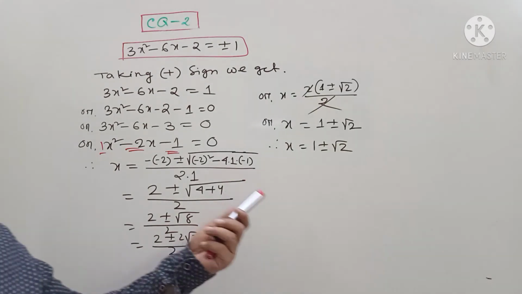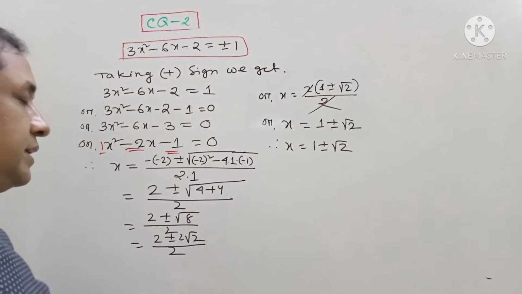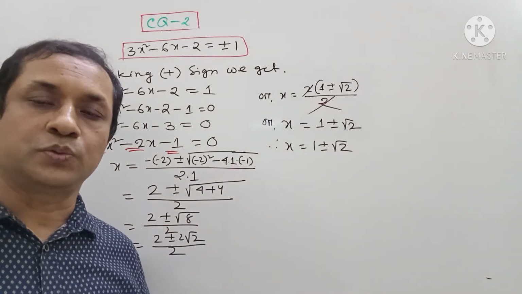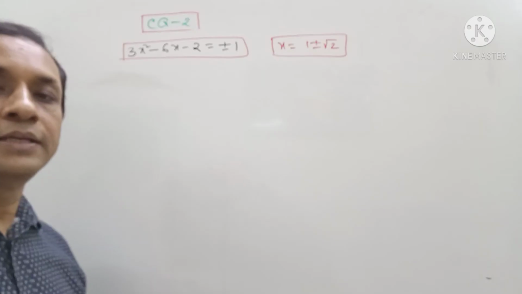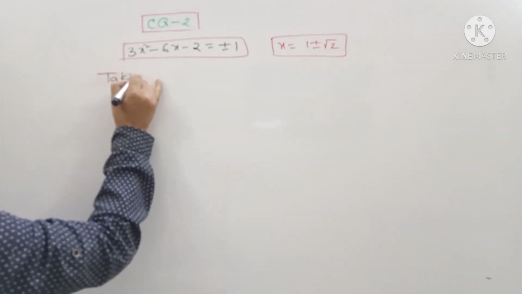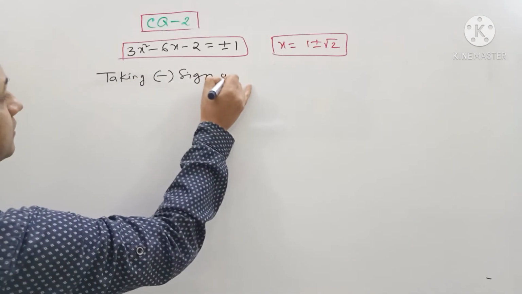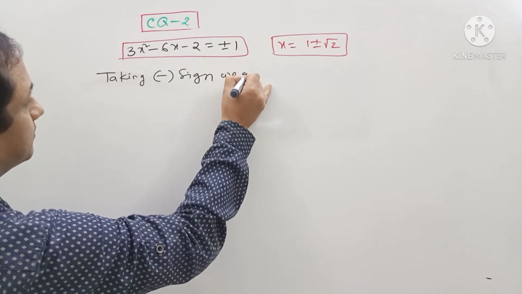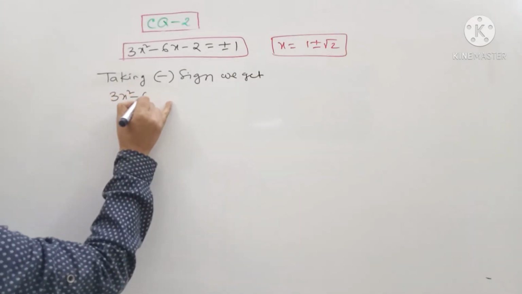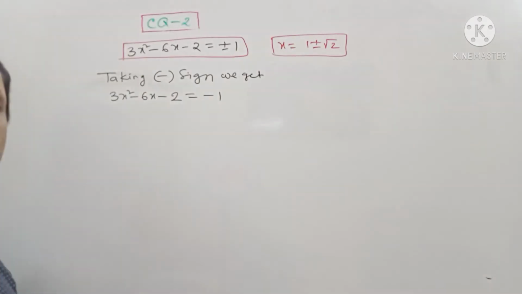So attention please student, I say again, taking the positive sign, we have x equals 1 plus minus root 2. This is the abscissa. Taking the negative sign, we get 3x squared minus 6x minus 2 equals minus 1.